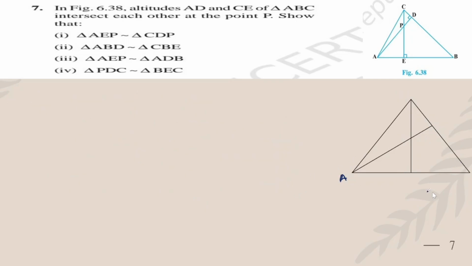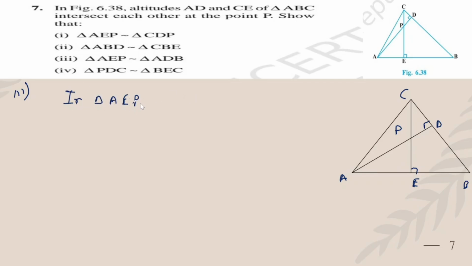Let us write the names: A, B, E. This is C, P and D. This is 90 degrees and this is 90 degrees. So in triangle AEP, this one, and triangle ADB.